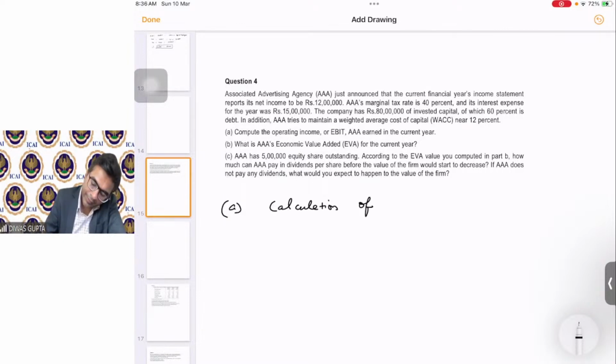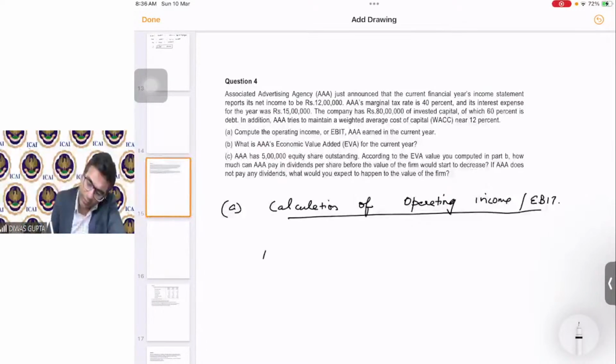Calculation of operating income or EBIT. So let us start with the reported net income.